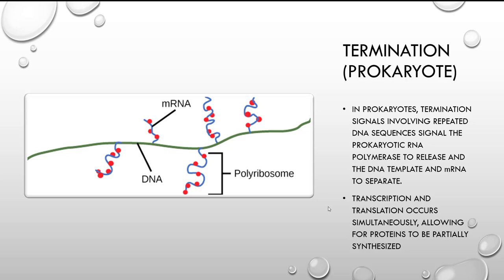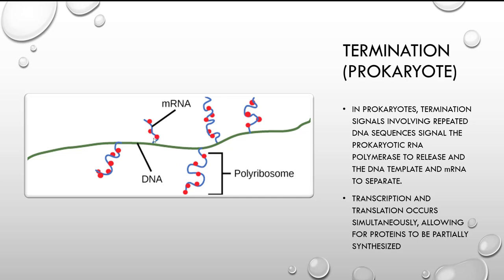Whereas in eukaryotes, it takes a lot longer because transcription has to occur and finish inside the nucleus, and the mRNA has to leave the nucleus and then attach to a ribosome, and translation has to occur completely separated. So a very different process is taking place. With prokaryotes, you see these ribosomes already attached to the mRNA while the mRNA is being transcribed.